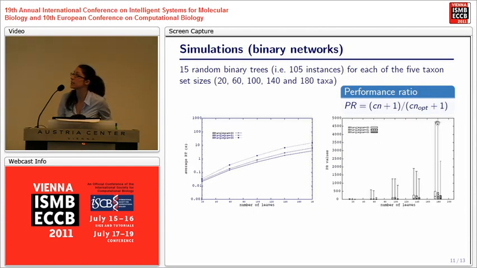There are one or two instances where it can be really bad. But you have to think that if I have like 180 leaves, already if I misplace one, I get a crossing of 180. So these numbers are high, but if you actually look at the drawing, they're not really bad.